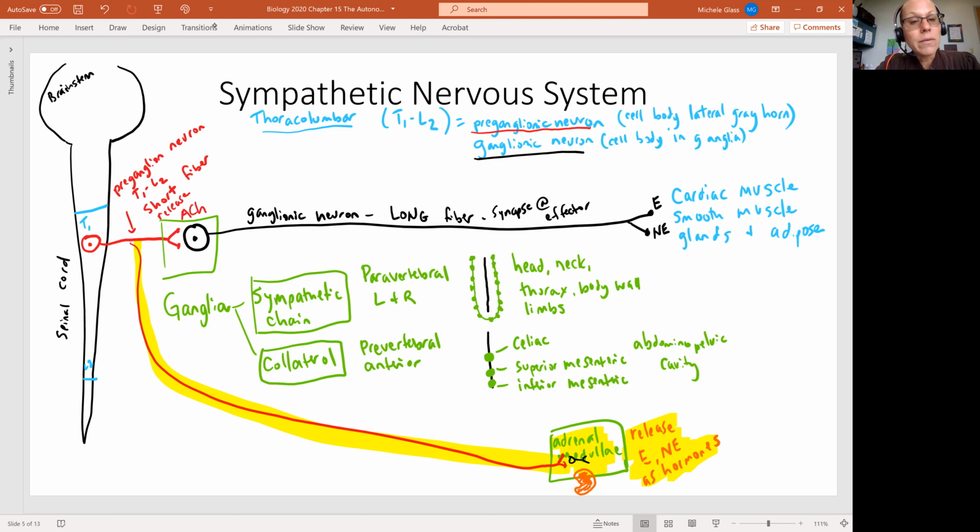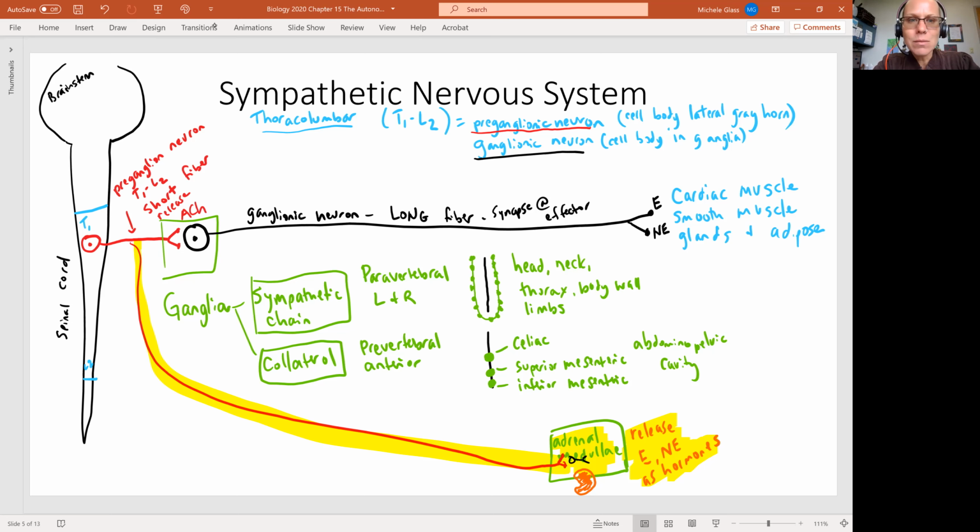So going back to this conversation about receptors, the receptors are part of the membrane of the cardiac muscle, the smooth muscle, the adipose tissue, and the glands. This is giving autonomy to your cells. Your cells are making their cell membrane. They're making these receptors. So essentially, the cell decides whether it responds to epinephrine or norepinephrine and how it responds.